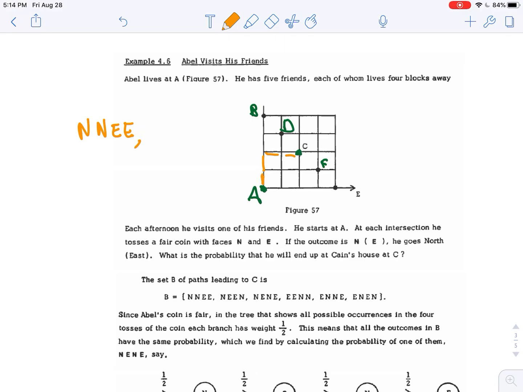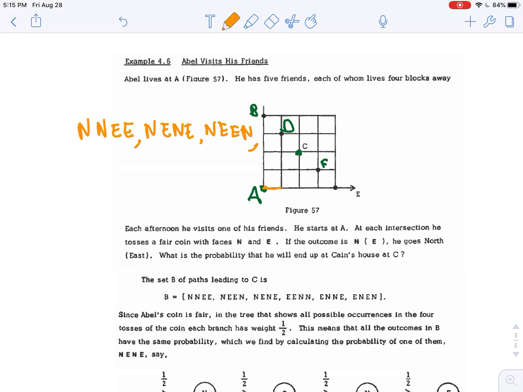But maybe he went north, east, north, east, like so. Or maybe he goes north, east, east, north. It's getting messy in here. Let me erase these and make some new lines.